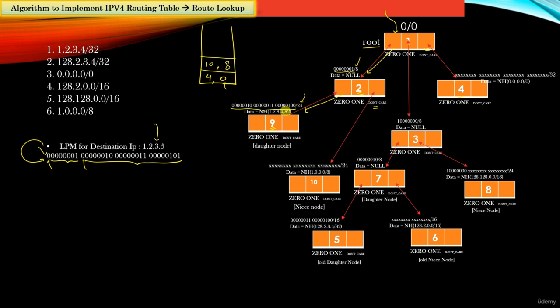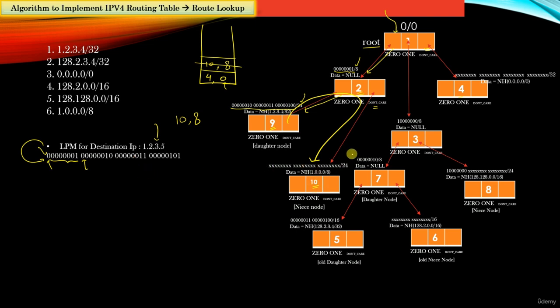Now because they do not match, therefore we are going to shift our search from node 9 to node 10 by popping the top element from the stack. The top element from the stack says resume your search from the node number 10 and the total number of bits of the input string that has been passed is 8. Alright, so we are at this bit position in our input string and we are at the node number 10.